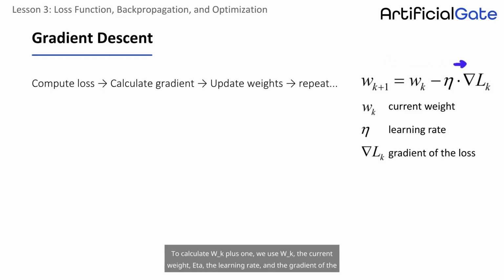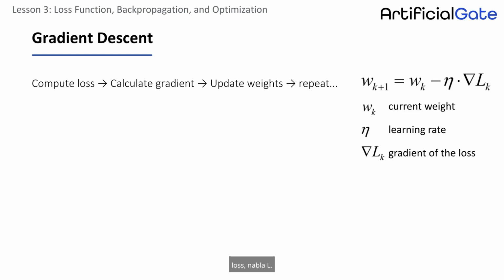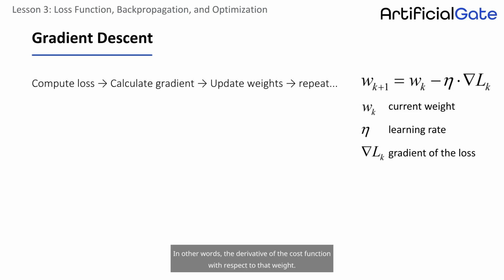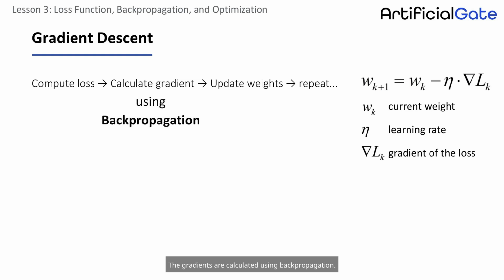To calculate W_{k+1}, we use W_k, the current weight, eta, the learning rate, and the gradient of the loss, nabla L. In other words, the derivative of the cost function with respect to that weight. This process repeats over and over, and it's the core of training the network. The gradients are calculated using backpropagation.